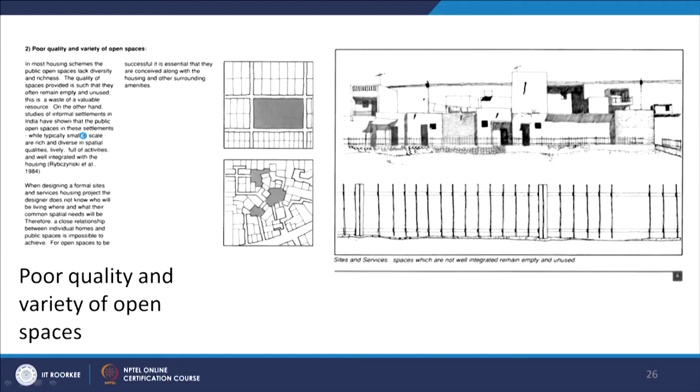Then the second aspect they talk about is the poor quality and variety of open spaces. In most housing schemes, the public open spaces lack diversity and richness, because why? The informal ones, though small in scale, have much richer and livelier activities, because sometimes, as I said, it is a shared, collaborative space.